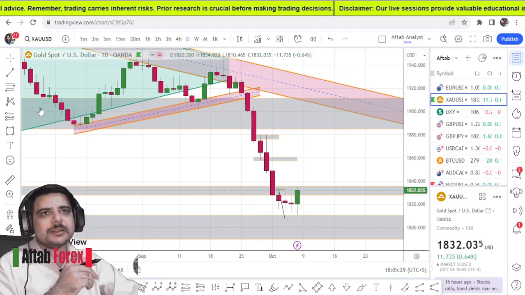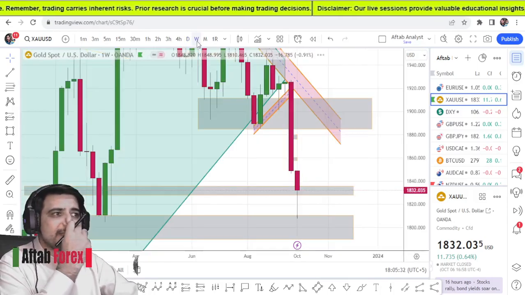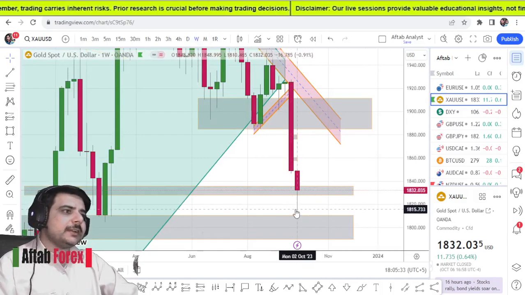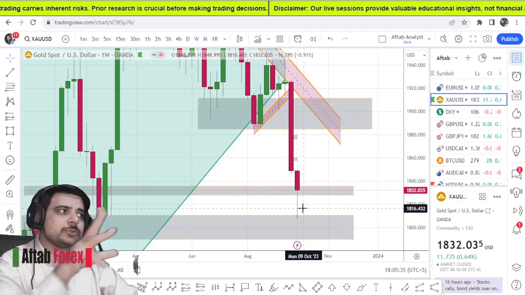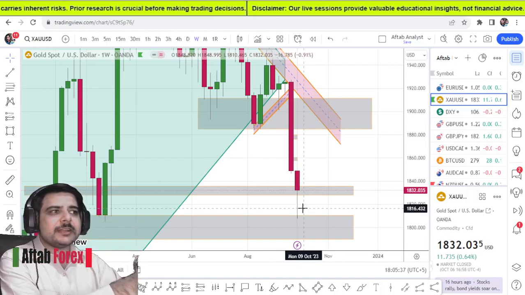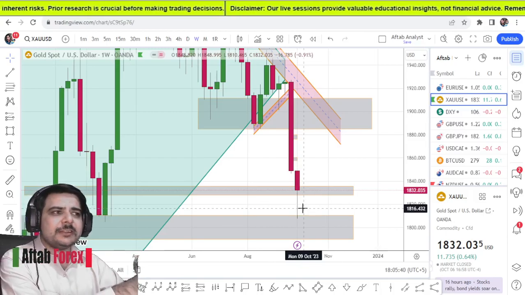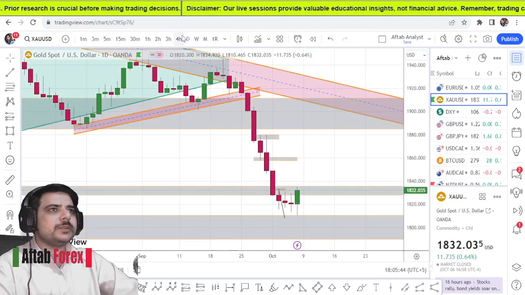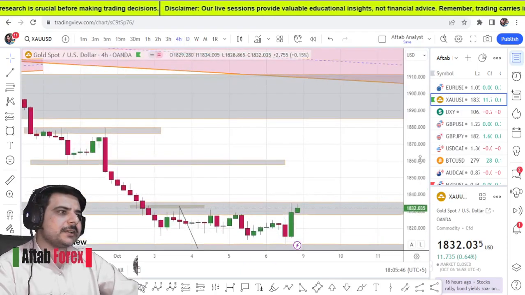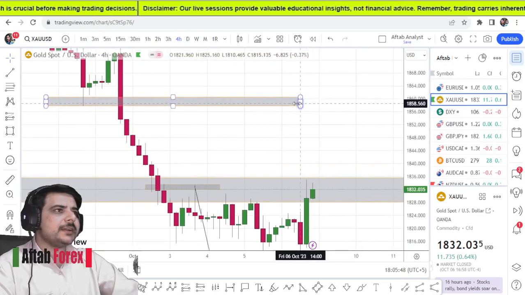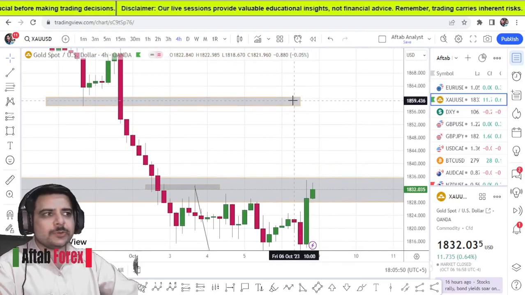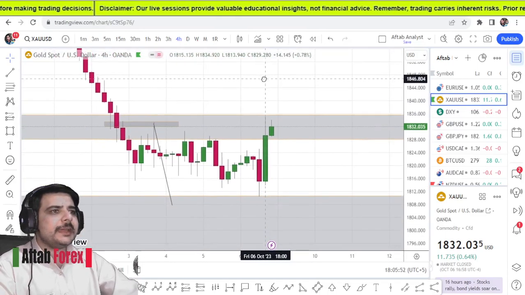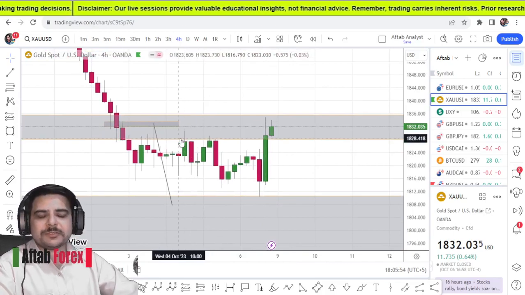If we see the weekly time frame, the weekly is also rejected, but unlike the euro dollar and dollar index, it did not give that bullish engulfing candle. So there is still a little bit of room left with us, that the market can take another retest during the week. 1860 is going to be a very strong level, and actually this level gave good profits discussed last week.